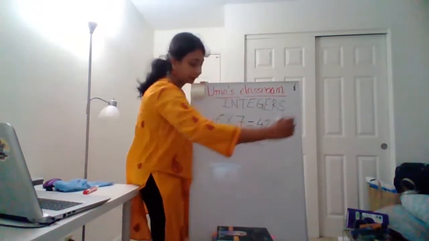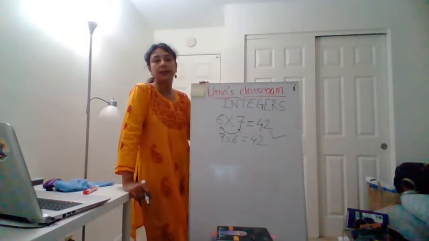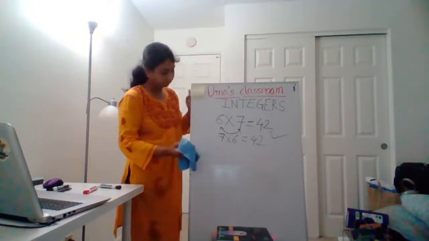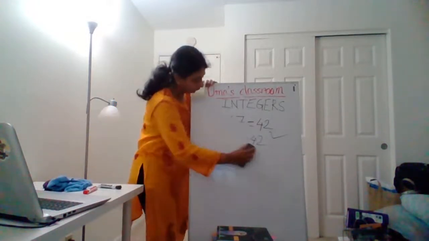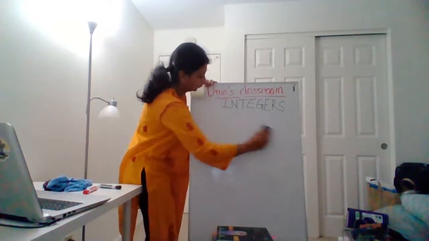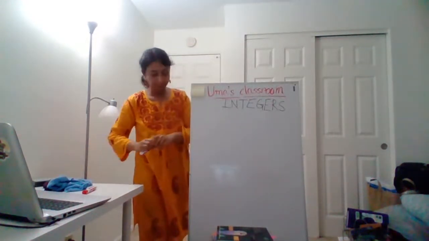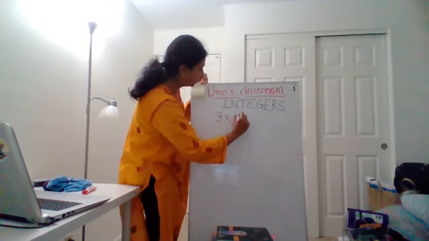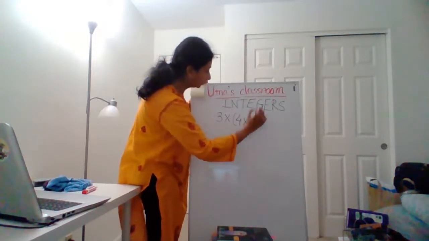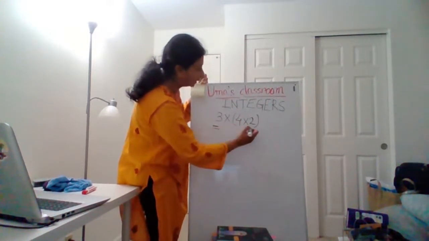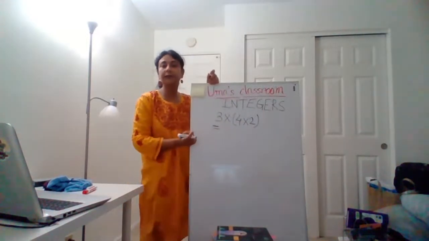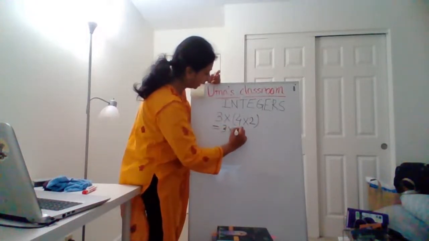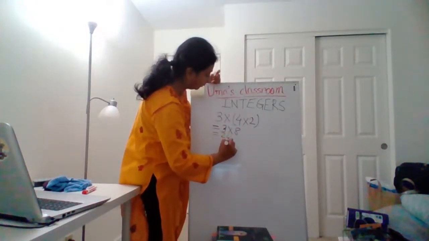So it is checked. Now I am going to check the associative property for multiplication. This is my example: 3 times (4 times 2). As this part is inside the parenthesis, I will perform this operation first. 3 times 8 is giving me 24.